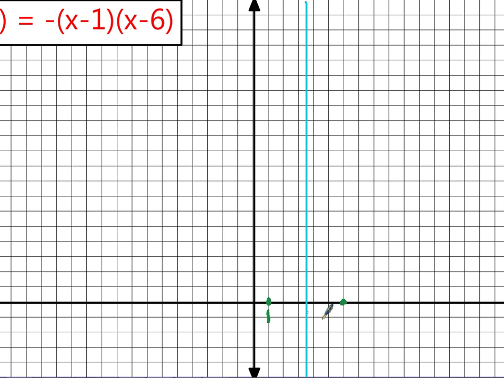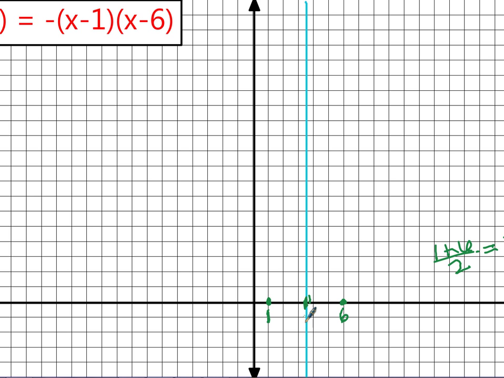This point's at 1, this point's at 6. When I add them together and divide by 2, I get 3.5. 3.5 is where I will find my axis of symmetry. I also know my vertex is going to be on that line.